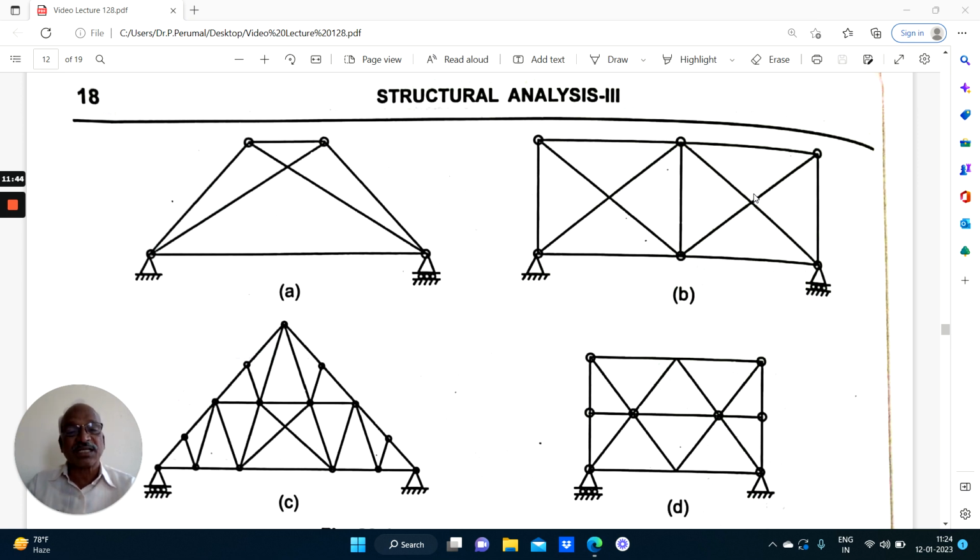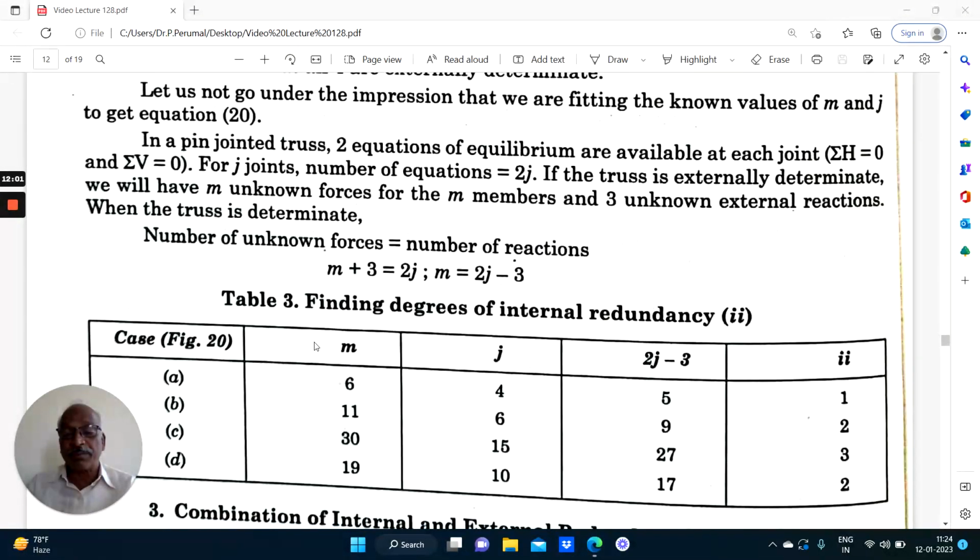So this structure is internally indeterminate to 2 degrees. Right. Coming to the systematic procedure, now joints 1, 2, 3, 4, 5, 6. There are 6 joints. See for B, there are 6 joints. So 2j minus 3 equal to 2 into 6 minus 3 equal to 9.